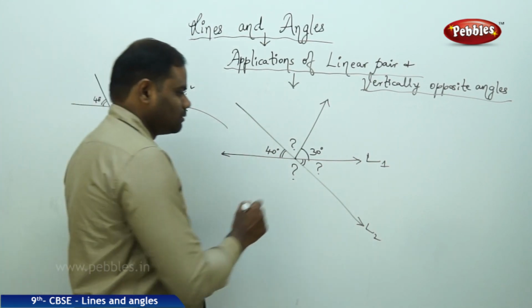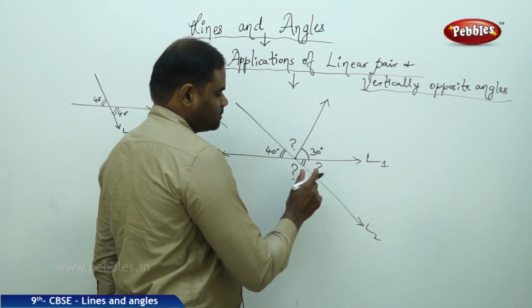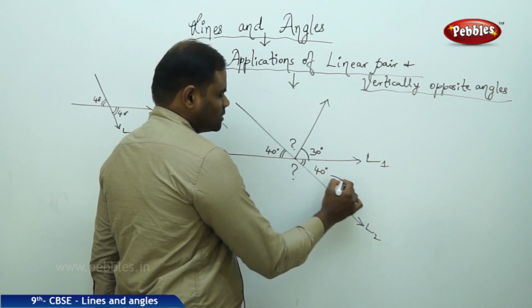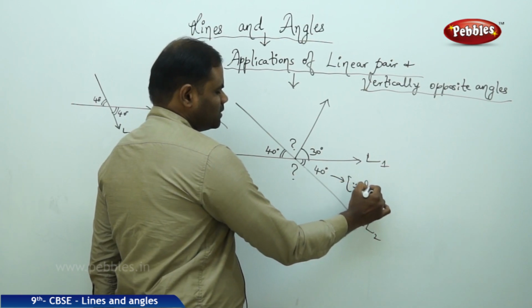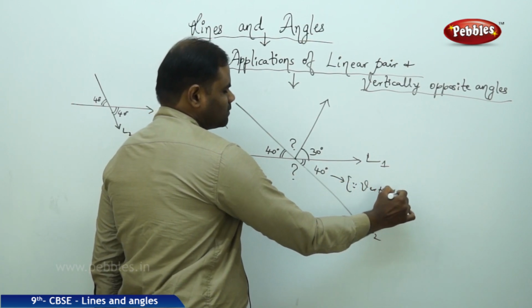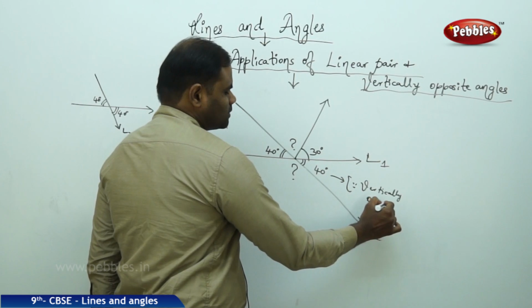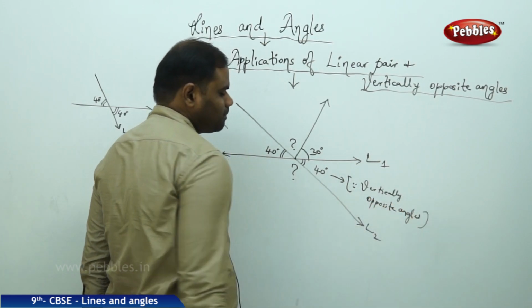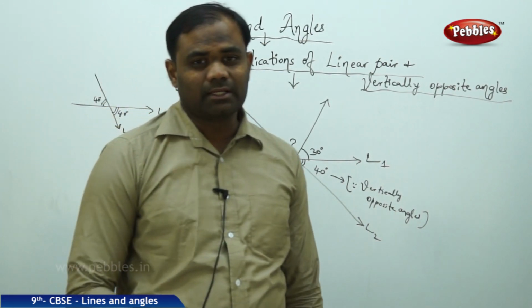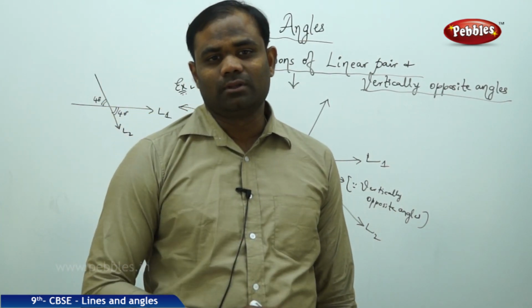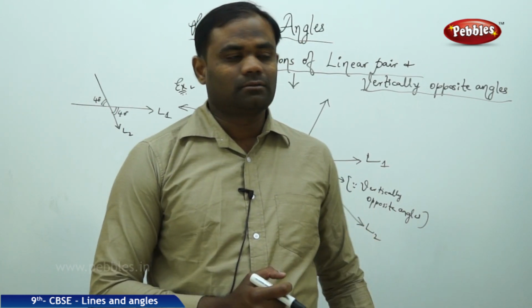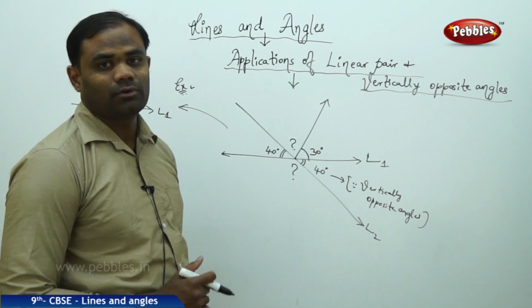Therefore, this angle must be 40 degrees, since they are vertically opposite angles, and vertically opposite angles are always equal in a pair of lines intersecting. So this equals this, being 40.